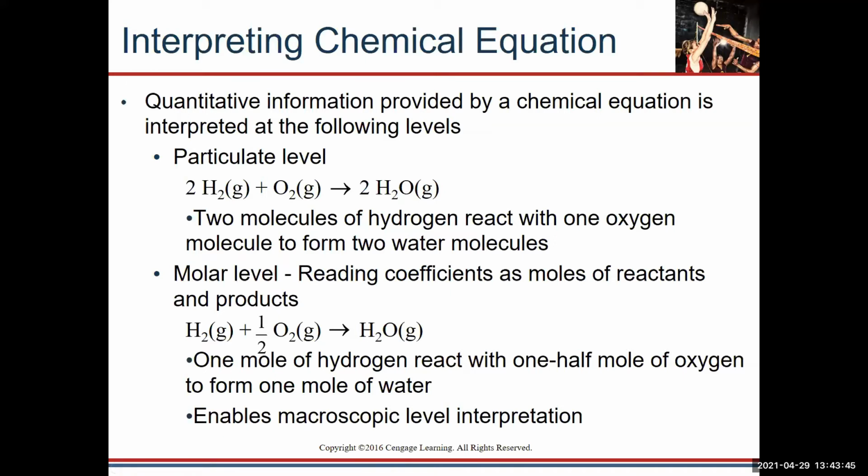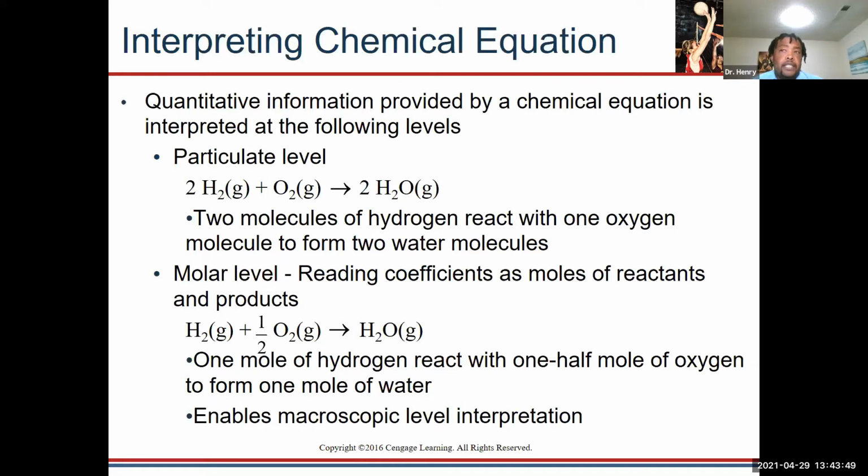Okay, so when we talk about chemical equations, a lot of times we talk about it on the particulate level. That basically means molecules. So 2 molecules of hydrogen gas plus 1 molecule of oxygen gas is going to make 2 molecules of water, right? In that case, you're not going to have half of a molecule. But on the molar level, you guys remember moles, a mole is huge, right? We can have half of a mole and still have a lot of those molecules.